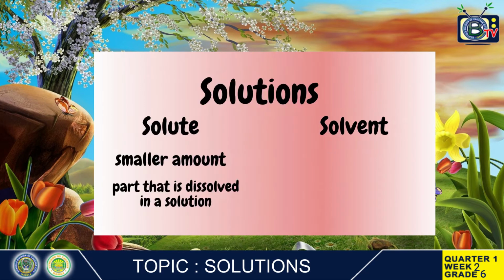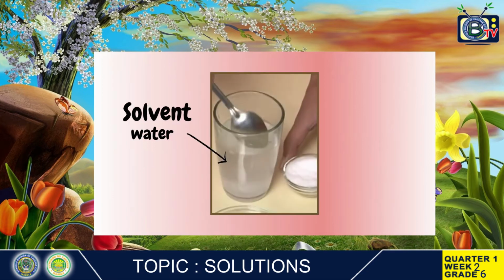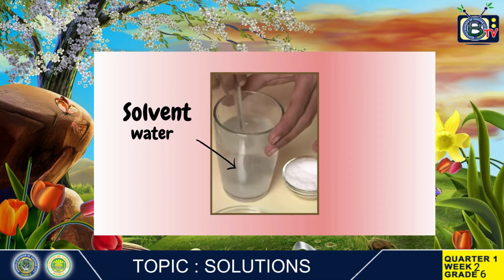On the other hand, we have a solvent. The solvent is the substance that is present in greater amount. This is the part where the solute is dissolved. In our example, salt water, the solvent is the water.